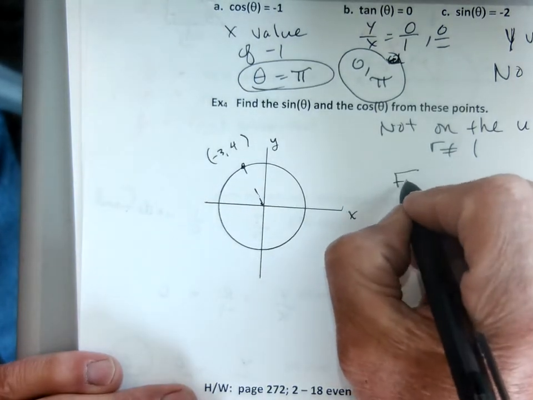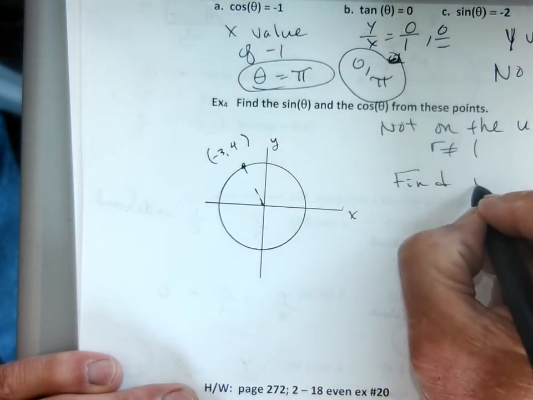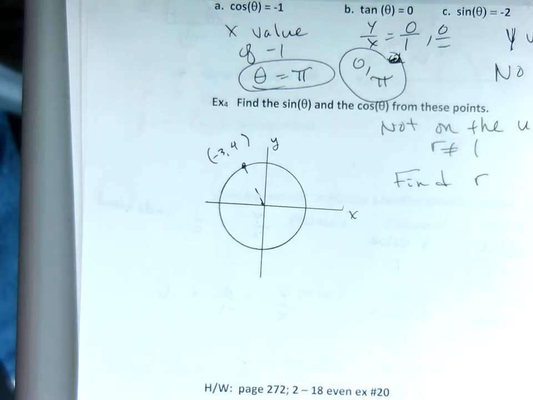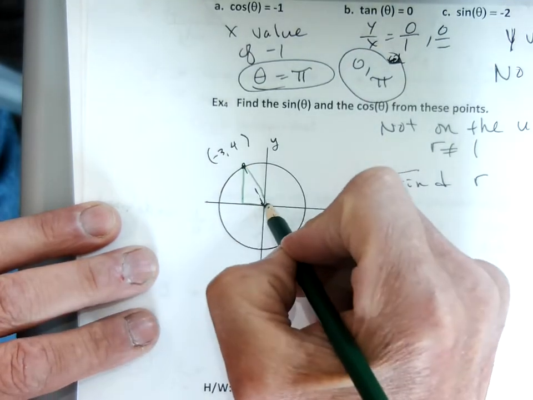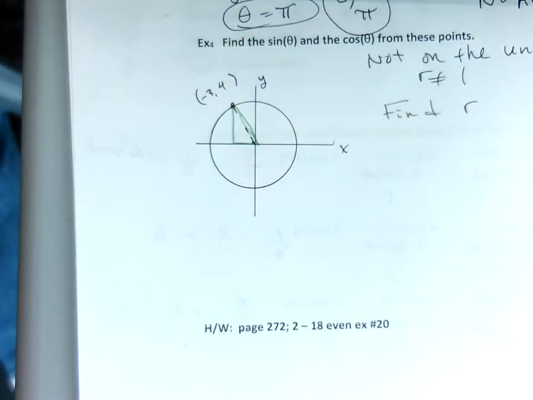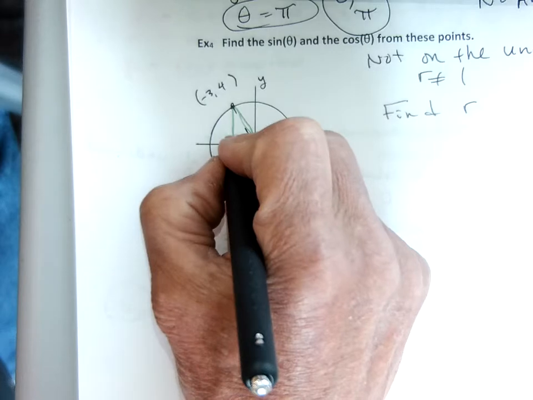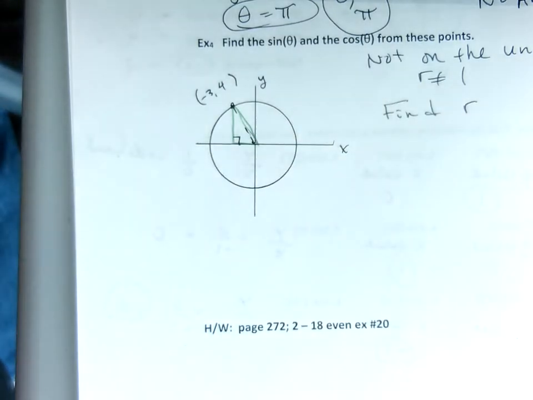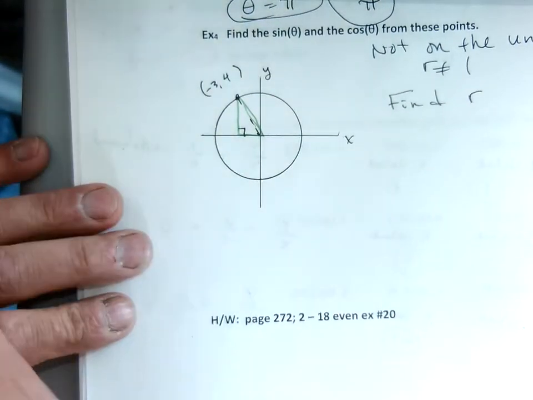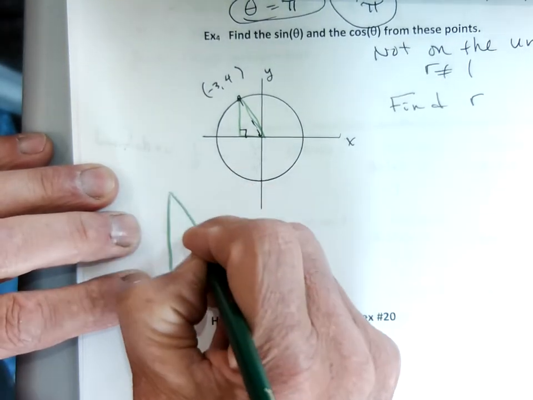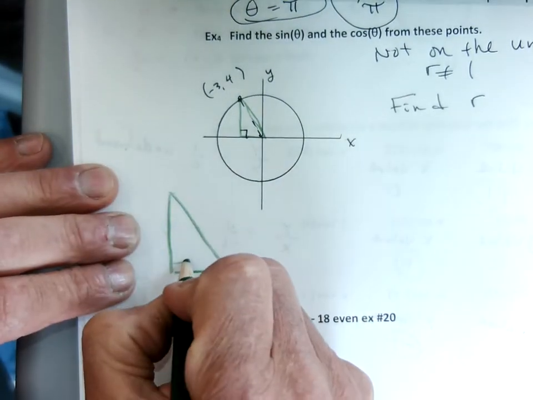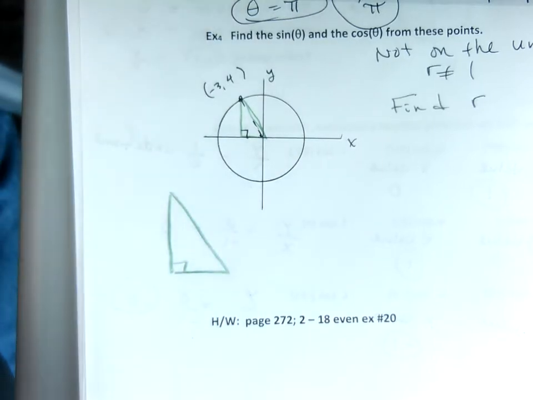So let's find r. Well, we've been trying to get you to put triangles inside the circle, haven't I, right? If I were to draw a right triangle in this circle, it looks like this.